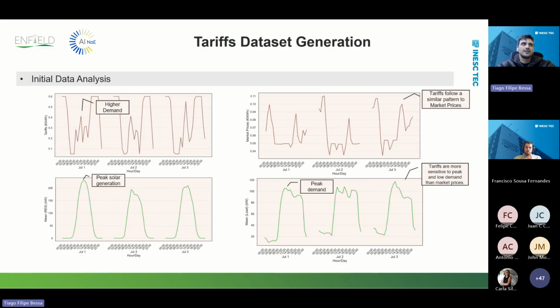These initial charts show that tariffs and market prices follow the same temporal structure, and they both have low values when we have an increase in solar generation. Of course, due to the way that the optimization was modeled, tariffs are much more affected by the charging demand, because even when they have low values due to the increased solar generation, when we have a peak in charging demand, those tariffs also increase.